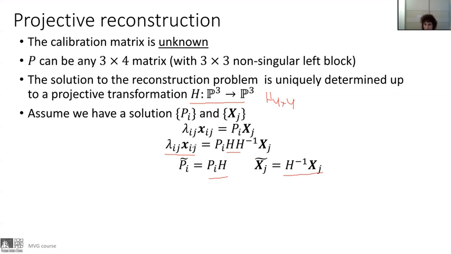I didn't change the left side, exactly the same projections. So I can take some situation and move it to another situation by introducing a homography, changing the cameras and the points. And I'm asking how many degrees of freedom I have in this ambiguity of the homography, which is 4 by 4. Anybody knows?